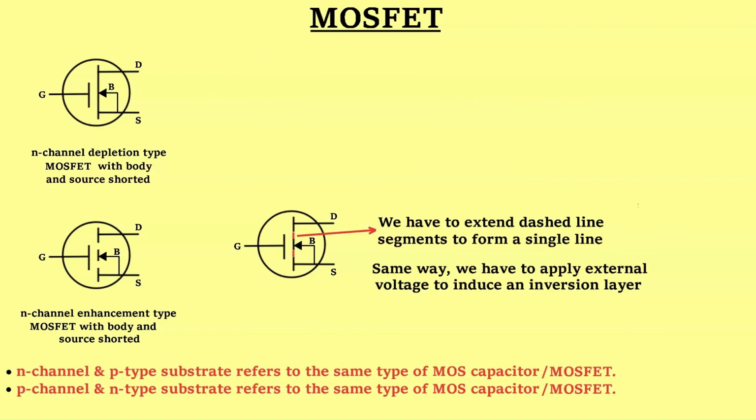The dashed line MOSFET represents the enhancement type MOSFET, as you are supposed to draw or extend the line segments to form a single line. Similarly, you have to put an external voltage in the enhancement type MOSFET so that an inversion layer is created. However, in depletion MOSFET, the inversion layer is already present even when no external battery is applied.